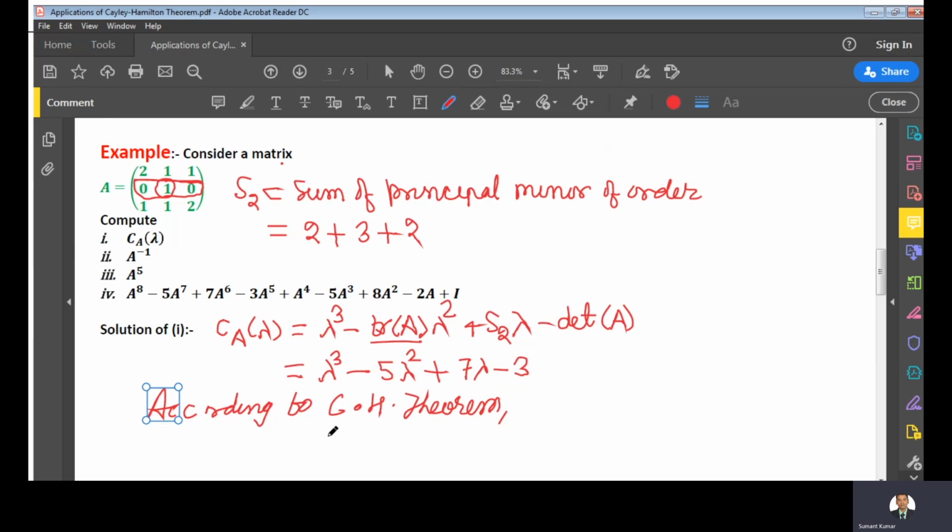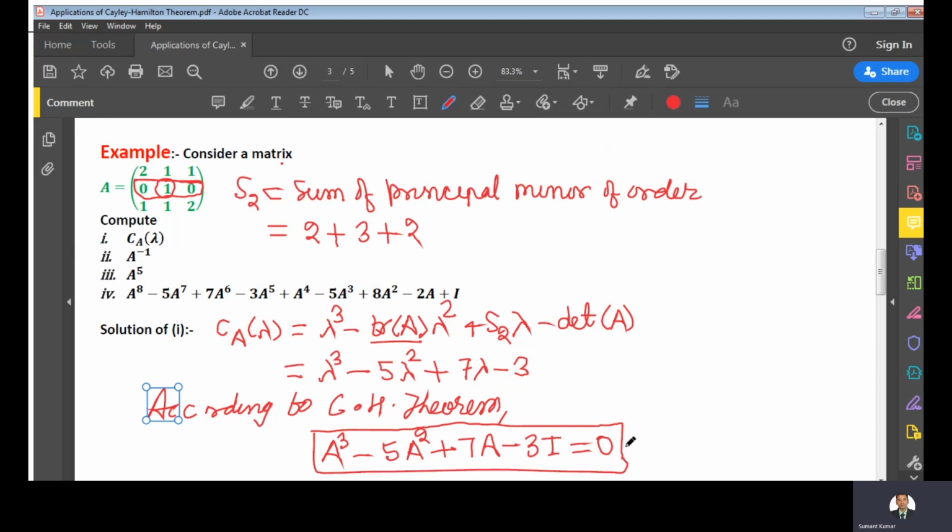That means A raised to the power 3 minus 5 times A raised to the power 2 plus 7 times A minus 3 I must be a zero matrix. This is what we say, the Cayley-Hamilton theorem.